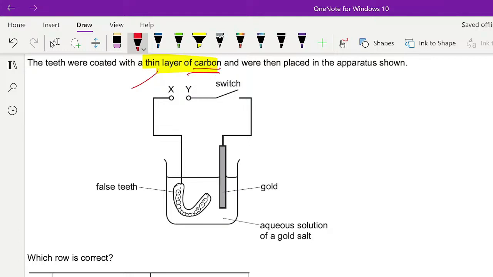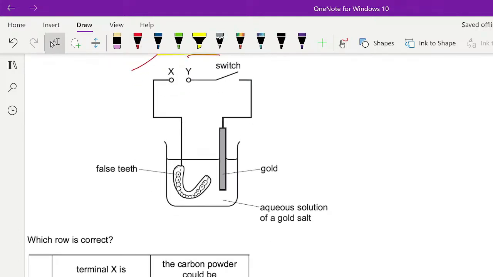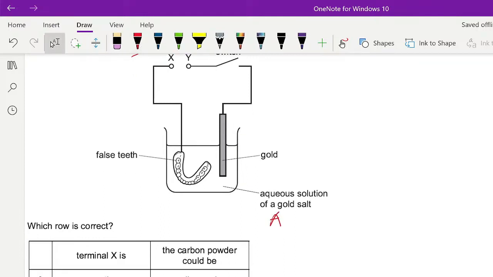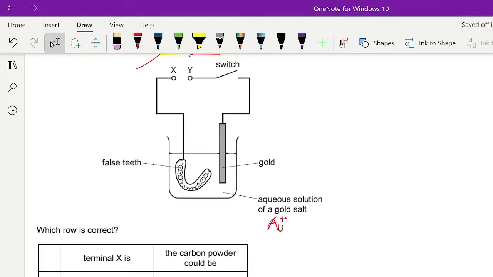Okay, so we want to attract gold onto the teeth. Gold is a positive ion because it's a metal. So you need the teeth to be negatively charged. X is negatively charged, Y is positively charged.